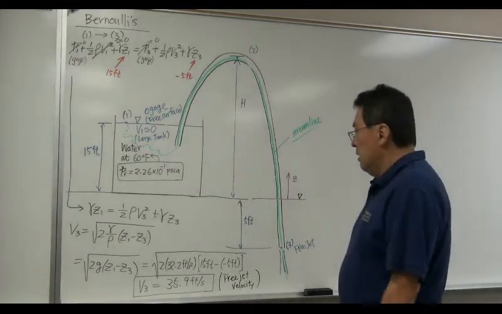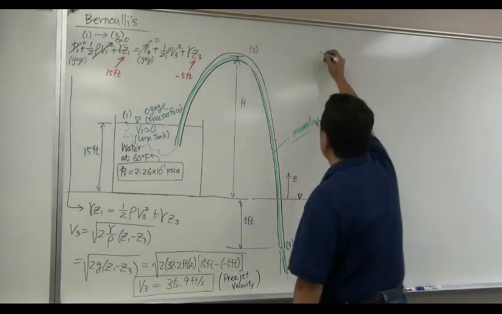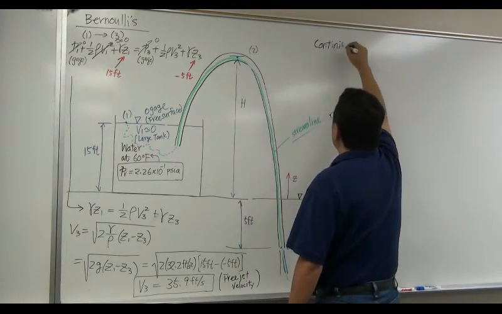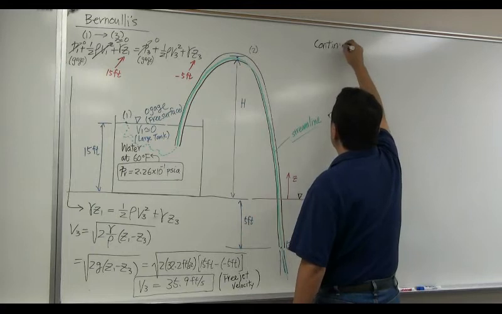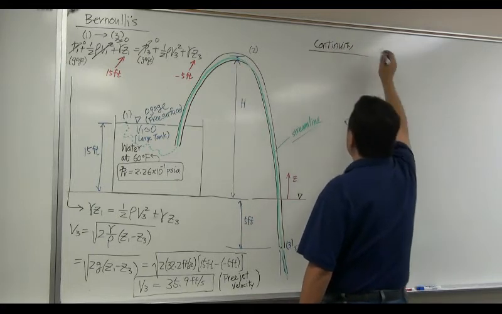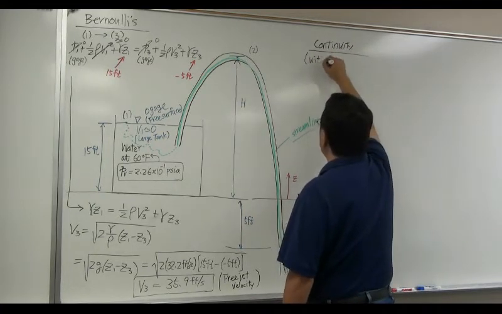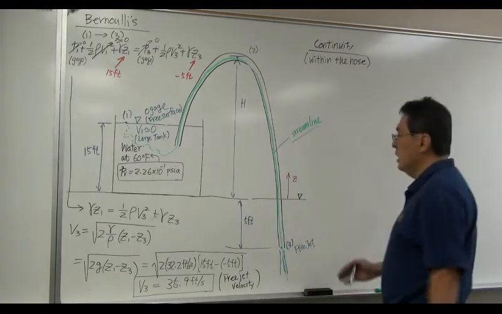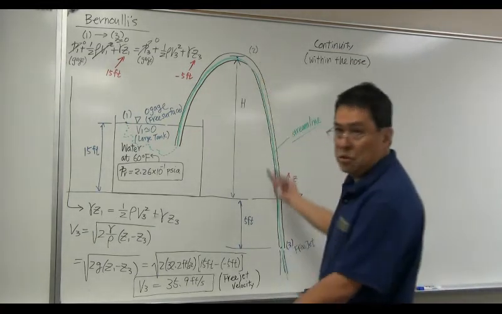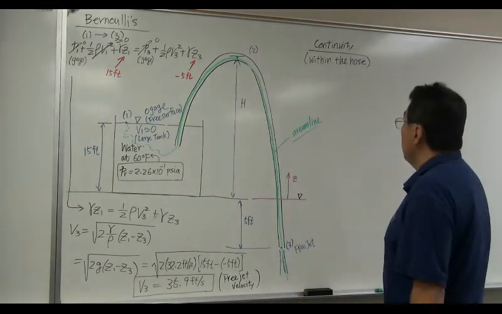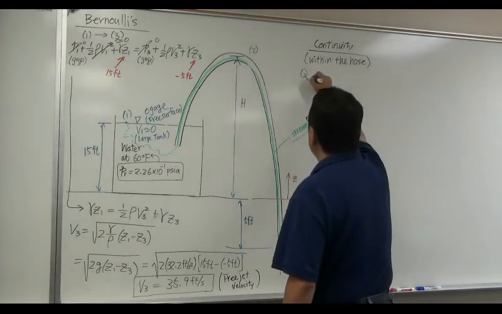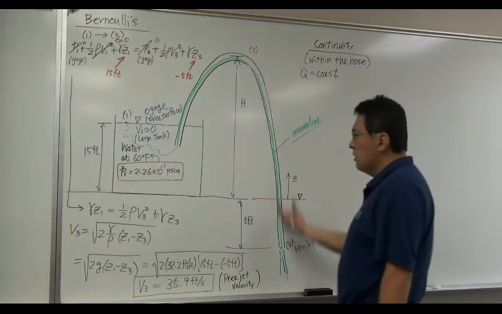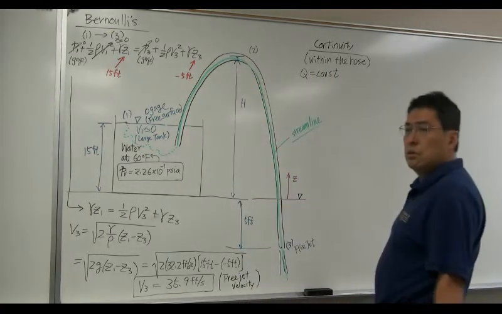Okay? And then another thing is continuity applies within the hose. Continuity. Within the constrained flow, which is the hose of this flow, you can say Q is constant, the flow rate everywhere is a constant value. And this is a constant cross-section area hose.